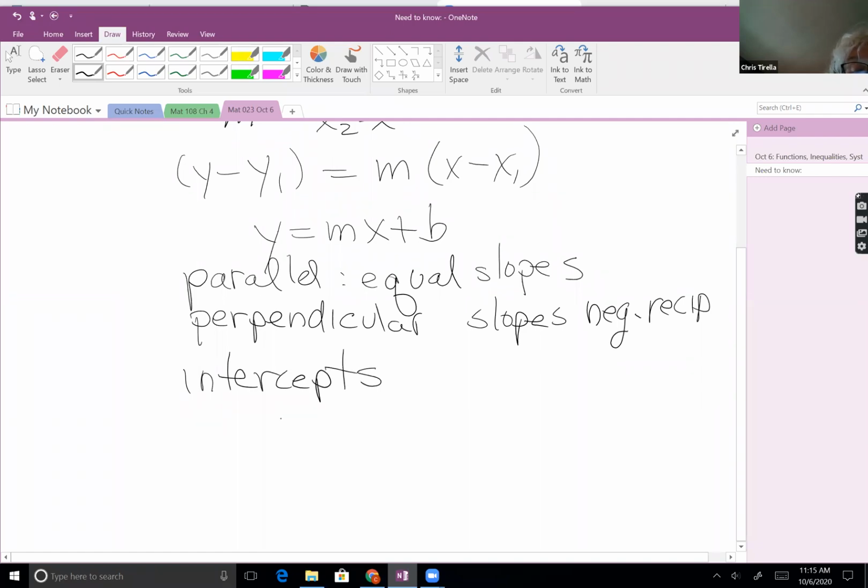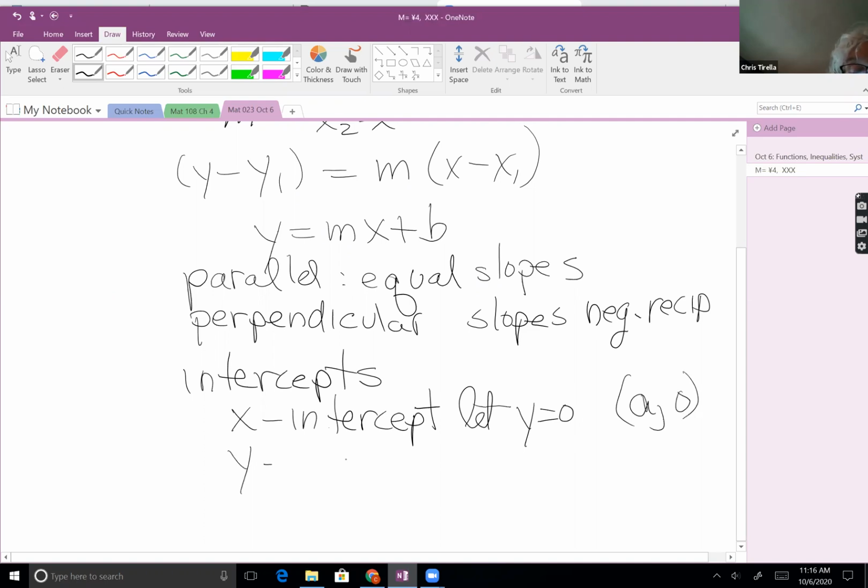For the x-intercept, remember, we let y equal 0 and we get a point (a, 0). And for the y-intercept, we let x equal 0 and we get a point (0, b).